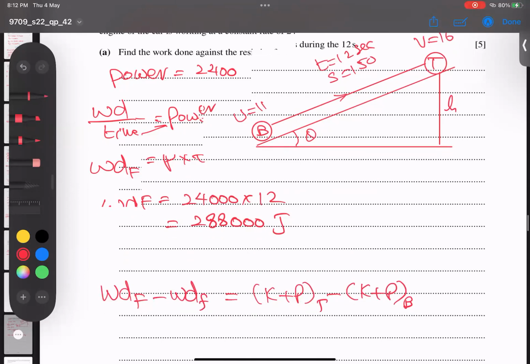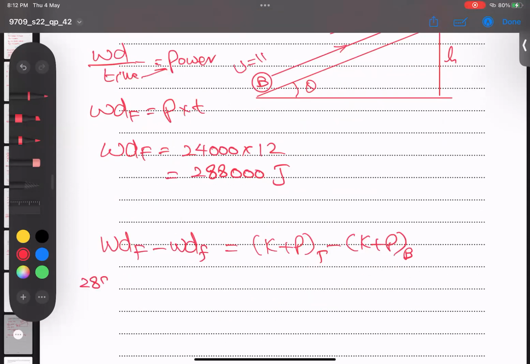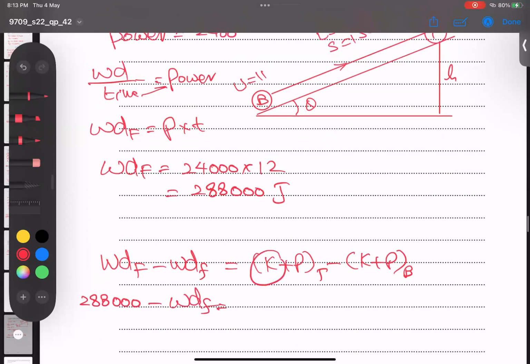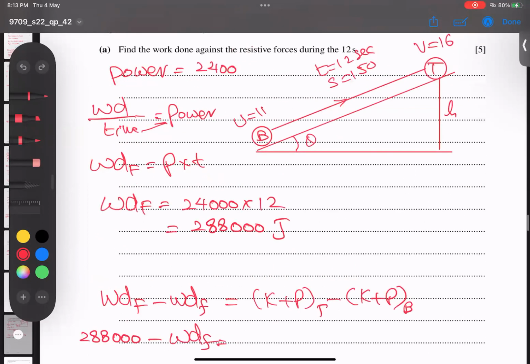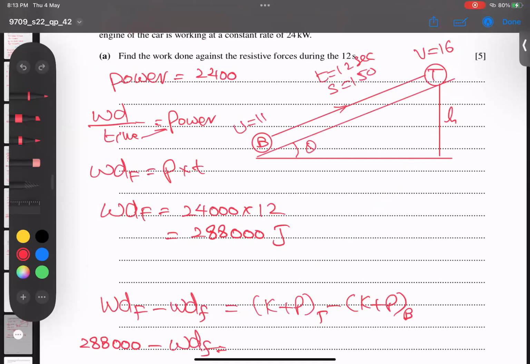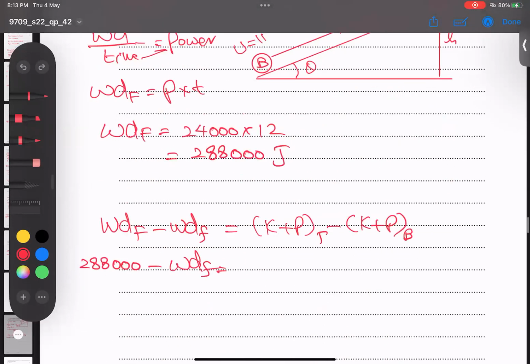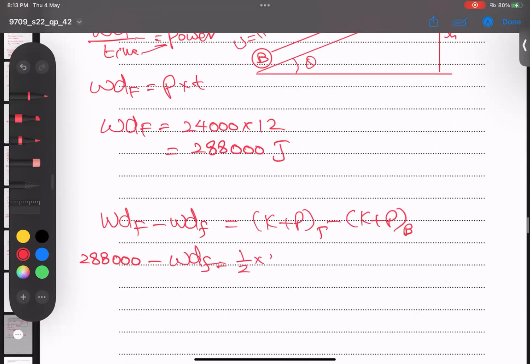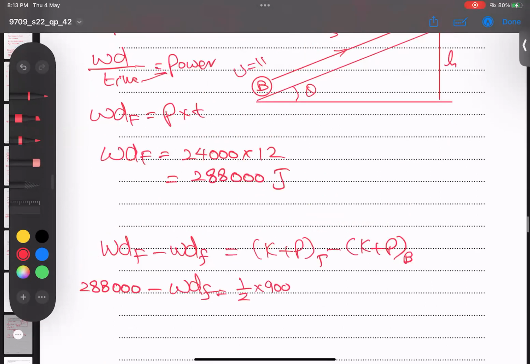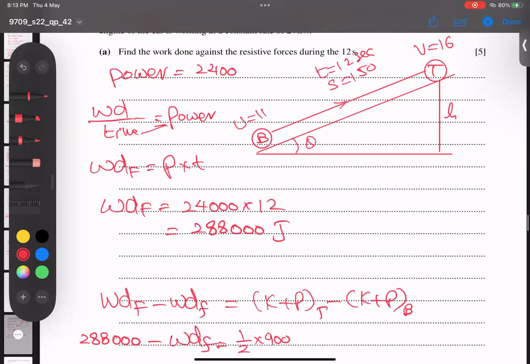Have a look here. This is given, so I am writing 288,000. This is my target: he said to find the work done by the frictional force. We know the top kinetic energy, so we can find it: mass is 900, half mv squared, and v is 16 squared. But the problem is that I don't know the potential energy at the height.